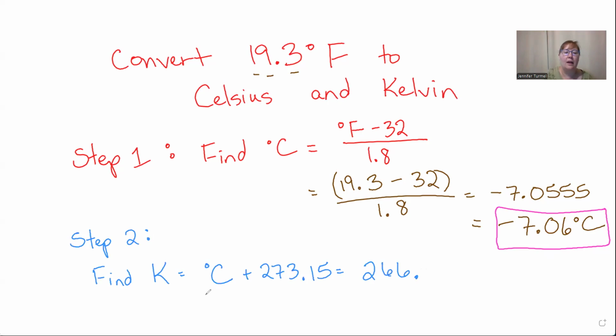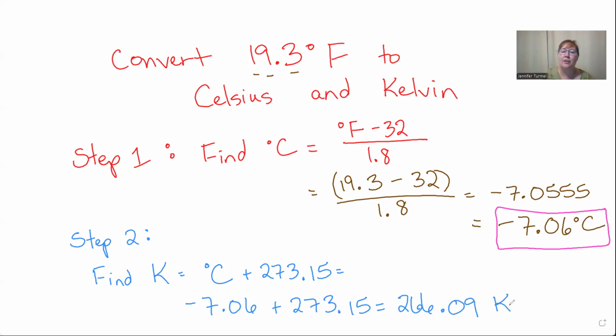We have negative 7.06 plus 273.15. And we get 266.09. And your units for that are kelvins. And because we're now using adding and subtracting rules for significant figures, we will keep all of the digits.